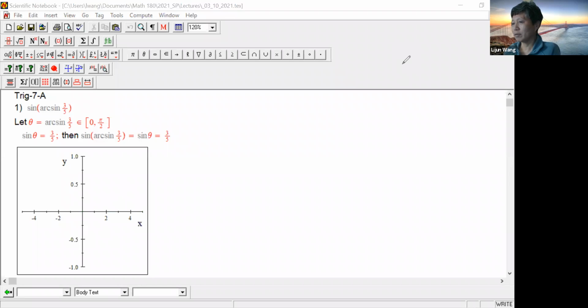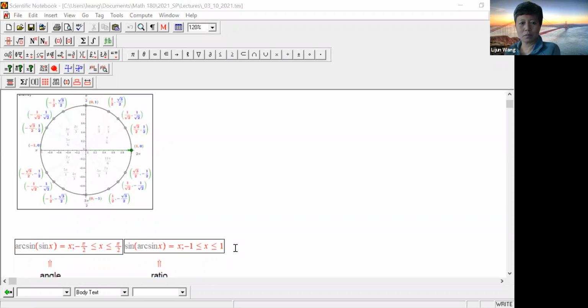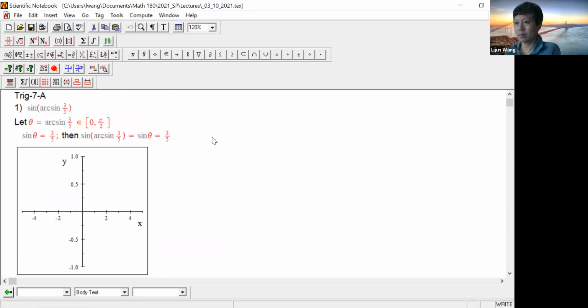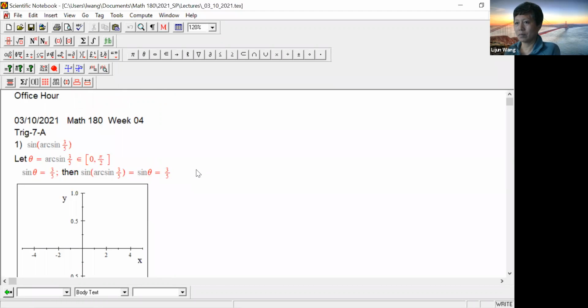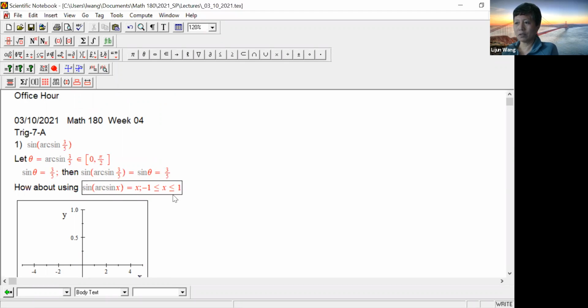What if you know this property? How about using this property?